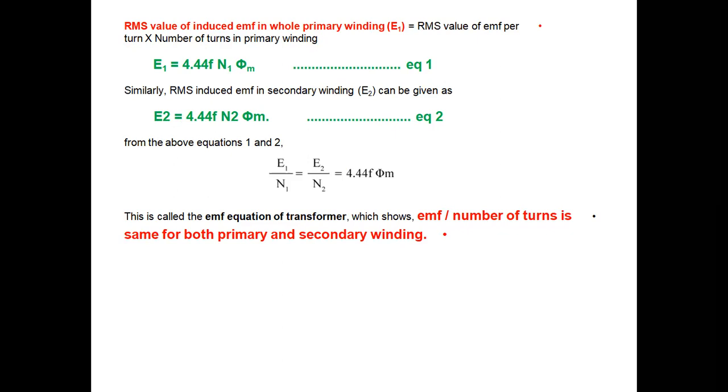Further, if we take the ratio of equations 1 and 2, we get E1 by N1 equal to E2 by N2 equal to 4.44 f phi m. It indicates that EMF per turn is the same for the primary as well as the secondary winding.